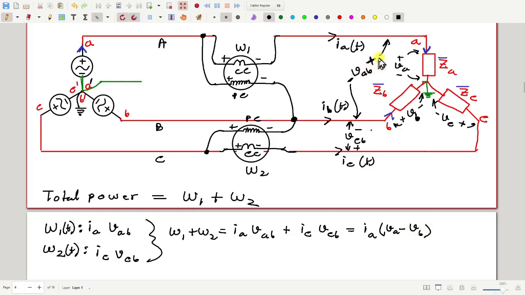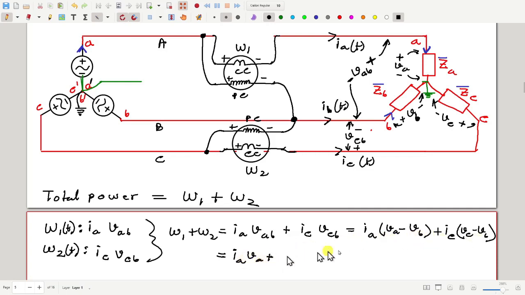For VAB, the positive end is towards A. Also for VA, the positive end is towards A. But for VB, the positive end is not towards A. So this is VAB. Please check, is it correct? Then plus IC, what is VCB? VC minus VB. Yes, right.